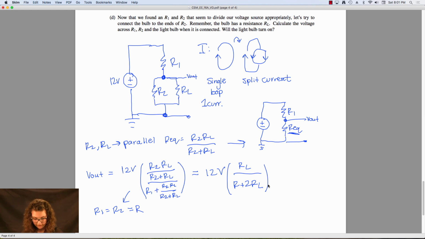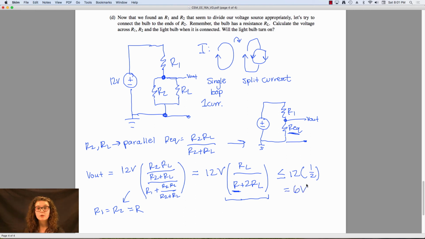Notice that for this expression, no matter what our value of R is, even if it's 0, we are always going to be equal to or smaller than 1/2. So this is less than or equal to 12 times 1/2, which is equal to 6.